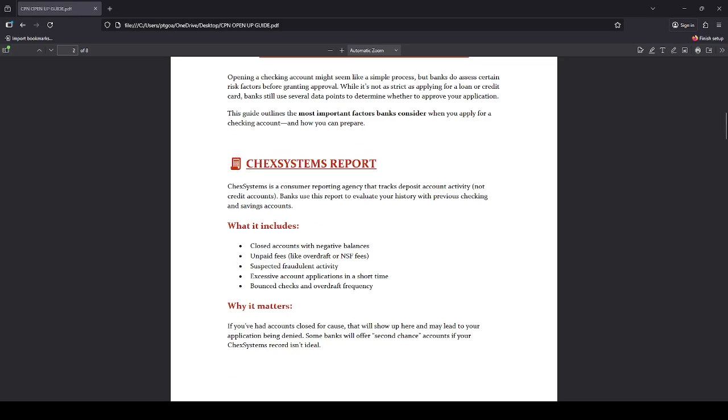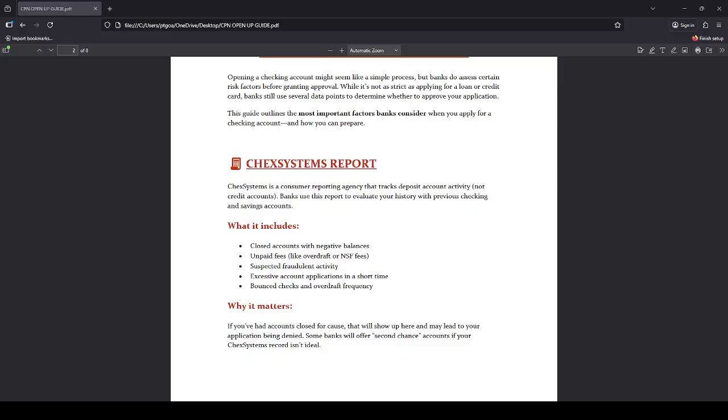So, check systems report. All right. For those that don't know, when you drop that fake check in your account and the account closes and they go into the overdrafts and stuff like that, that's going to hinder your ability to get another bank account if they pull from the check systems. So if you mess over Chase, you're messing over Bank of America, you're messing over Wells Fargo, and anybody else that pulls from that when you apply for a bank account.